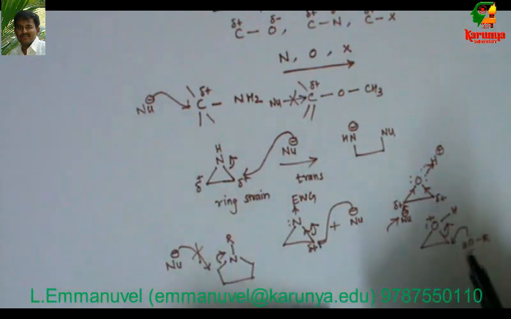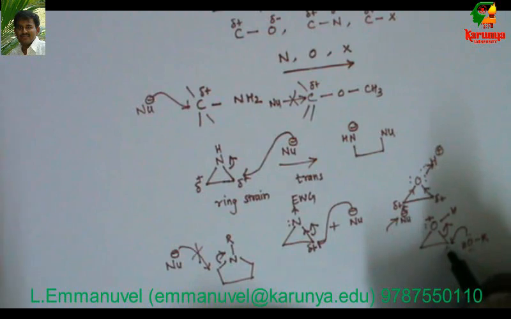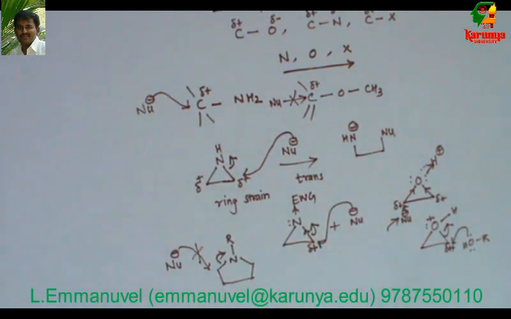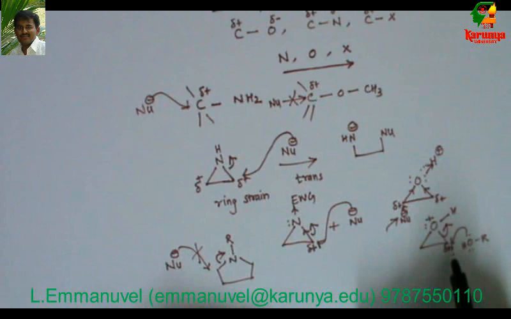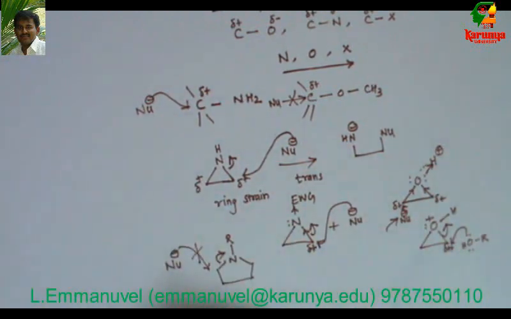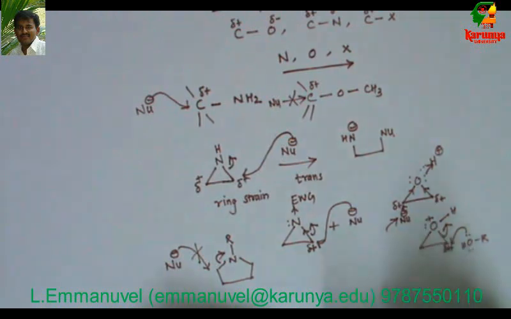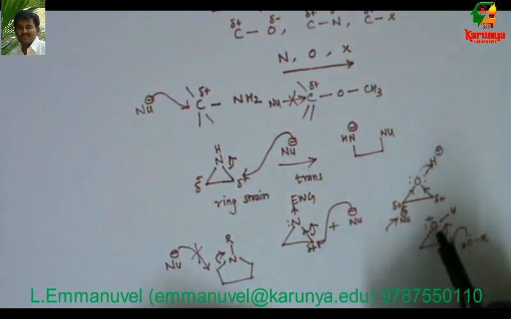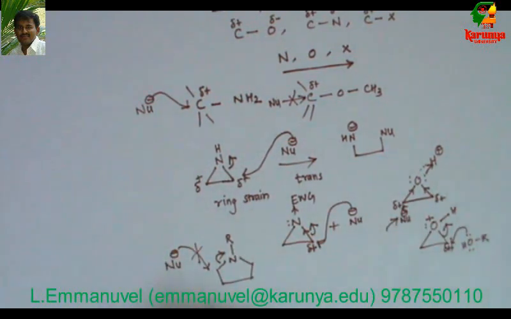So now I have increased the electrophilicity of this carbon by adding H+. Not only H+, there are so many Lewis acids known to increase the electrophilicity of this carbon. Maybe scandium, titanium, vanadium. All the transition metals are known to bind to this lone pair of electrons and increase the electrophilicity.